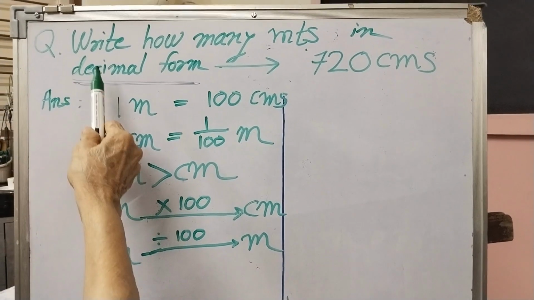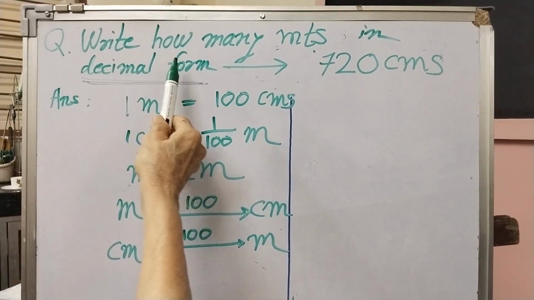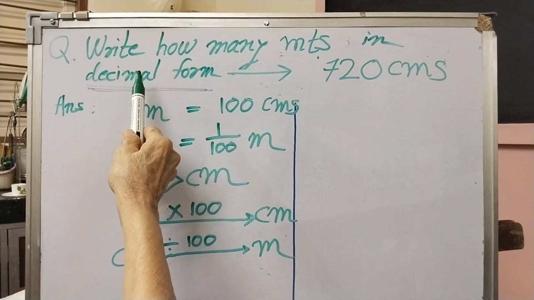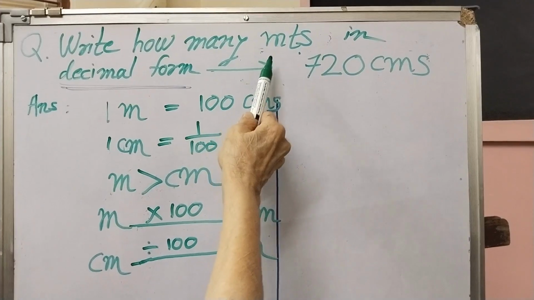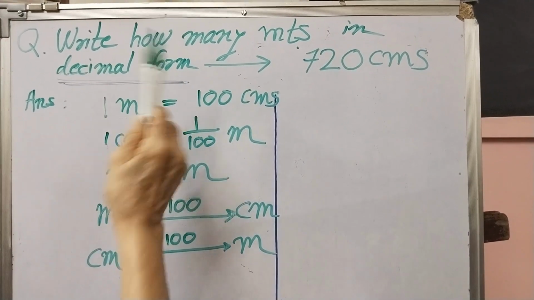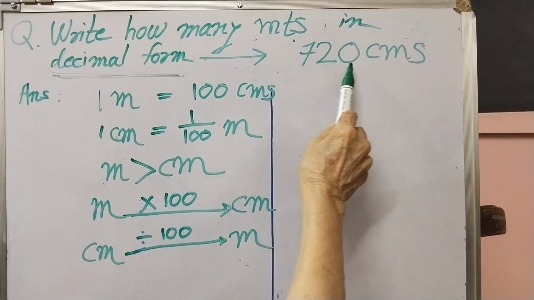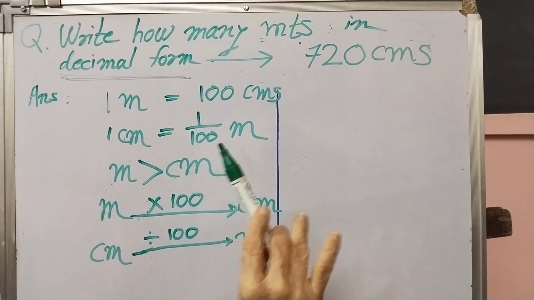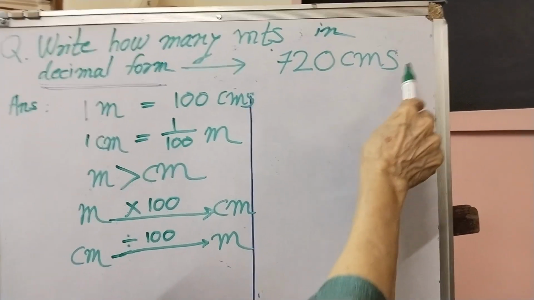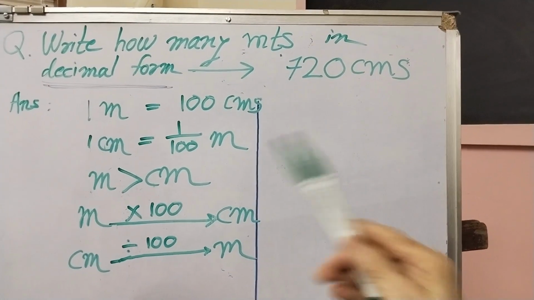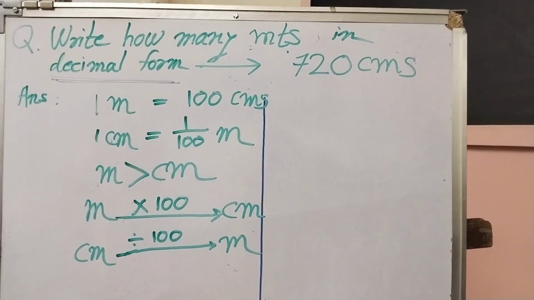Now the next question, Raja, is a little tricky one. So try to concentrate now. Write how many meters in decimal form. They have given us 720 centimeters, but no meter is mentioned. So all these 720 centimeters we will have to convert into meters.